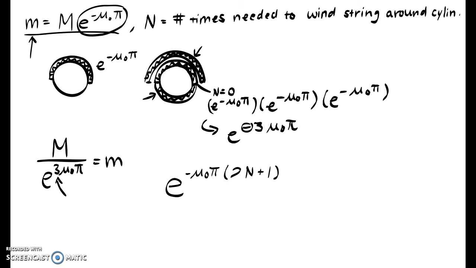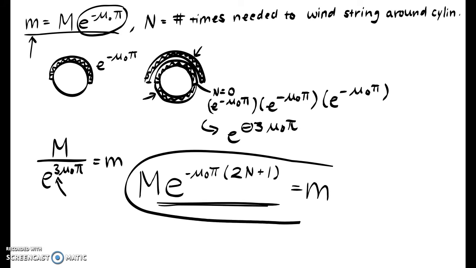So it makes sense to multiply n by 2. So we find that our coefficient looks like this. Once we multiply by large M, we could say this equals small m. This is our much more general equation for the relationship between the two masses required to keep the system at rest when the string is wrapped around the cylinder a certain number of times.